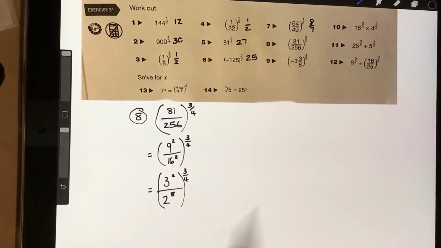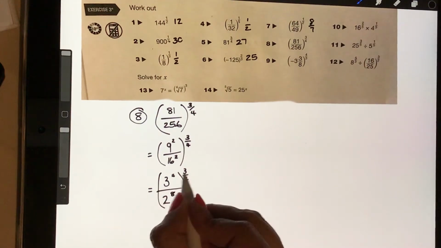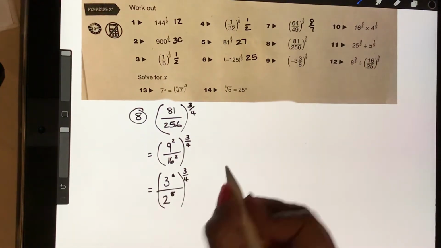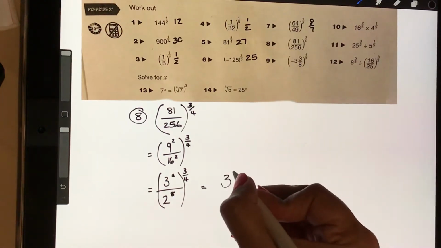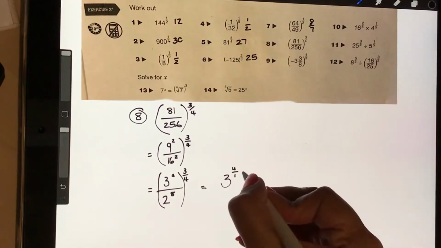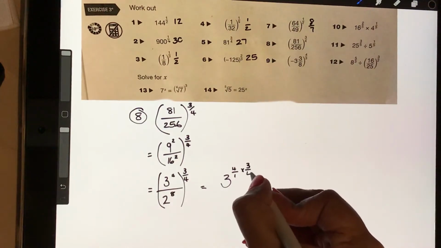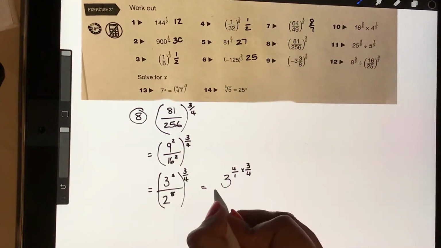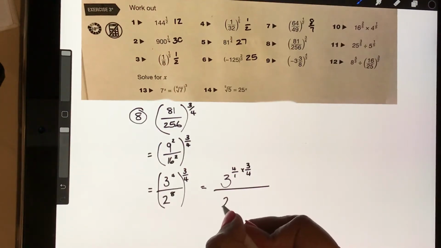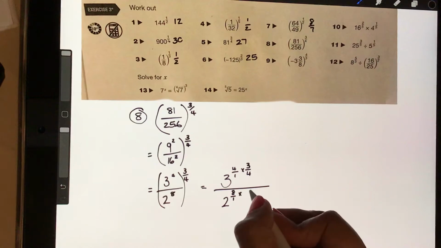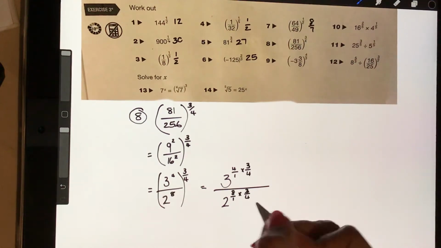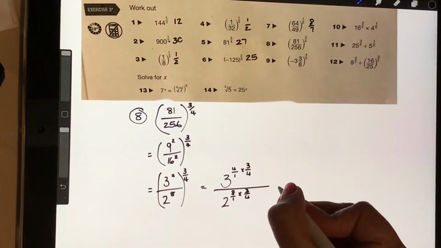Now what needs to happen is when we raise powers, we multiply the indices with one another. So at the top of this fraction, we're going to get 3 to the power of 4 over 1, which is that 4, times the 3 over 4 from outside the bracket, all divided by 2 to the power of 8 over 1, which is that 8, times 3 over 4 from outside the bracket.